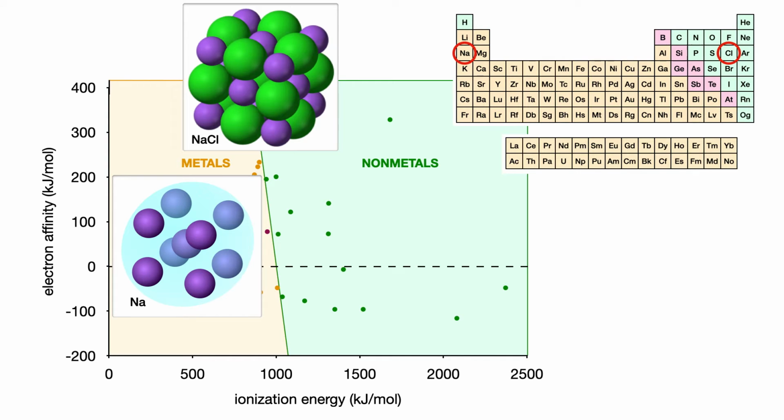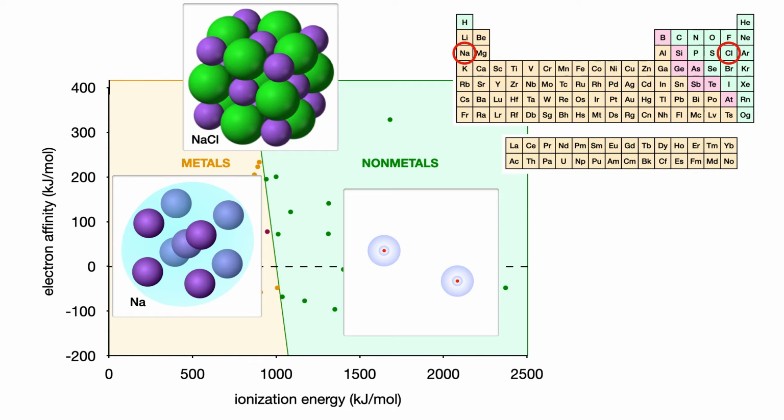So now we're going to turn our attention to the bonding picture when two or more nonmetal atoms come together. So, for example, if two chlorine atoms were to come into proximity, neither one of them is going to want to loosen its grip on its valence electrons, and yet both of those atoms would like to take on more electrons.